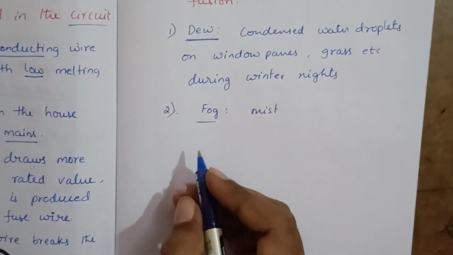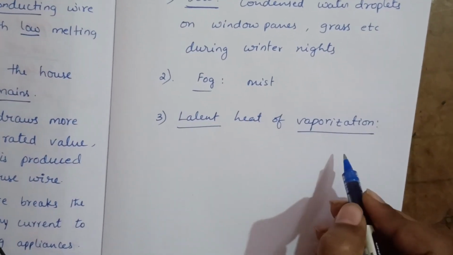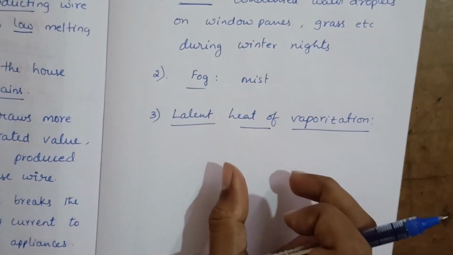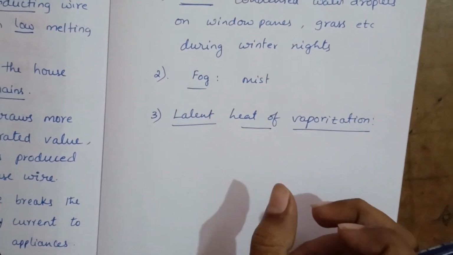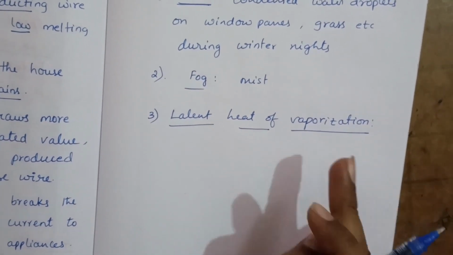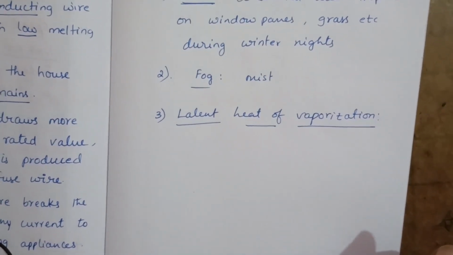Next, latent heat of vaporization. Latent heat of vaporization is the amount of heat required to convert 1 gram of water at 100 degrees Celsius to vapor at 100 degrees Celsius.